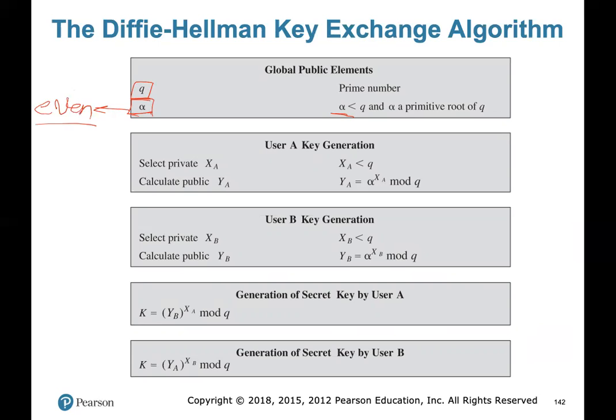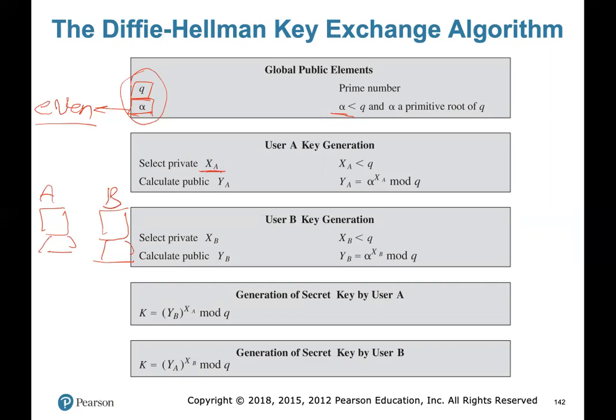Anyway, the algorithm works based on q and alpha this way. It says select a private XA. We are talking about Alice at the Alice side. If you remember, we have 2 sides, Alice and Bob.